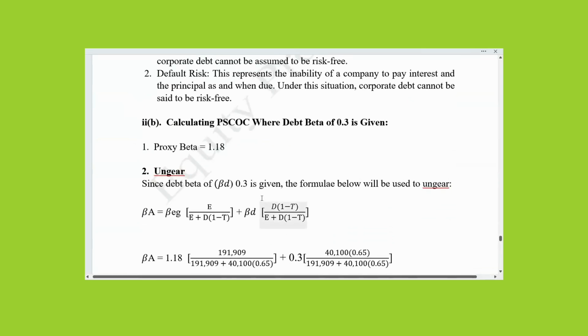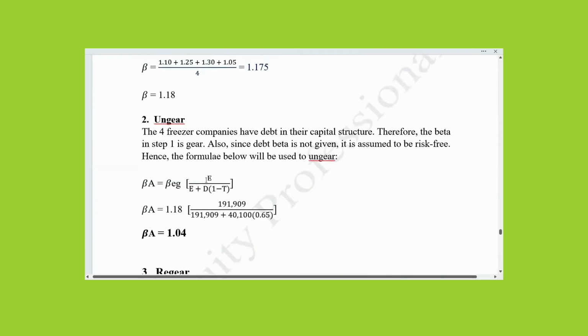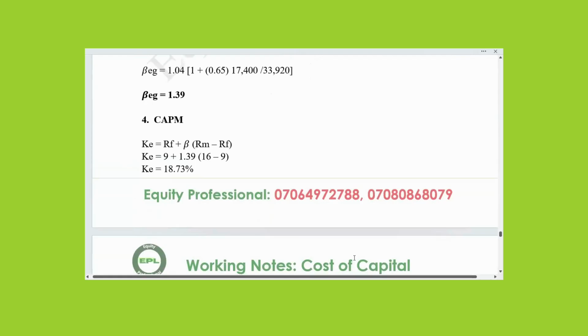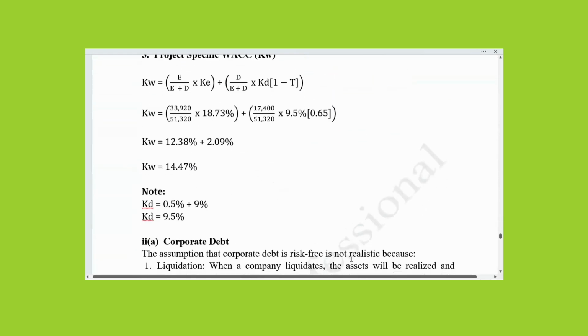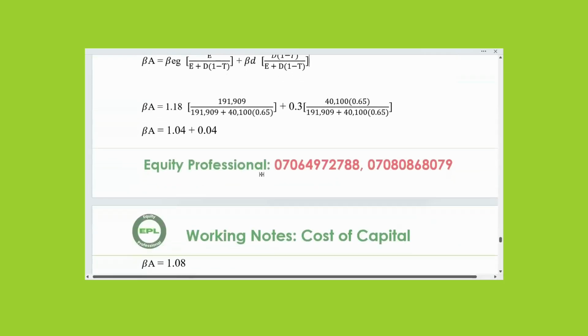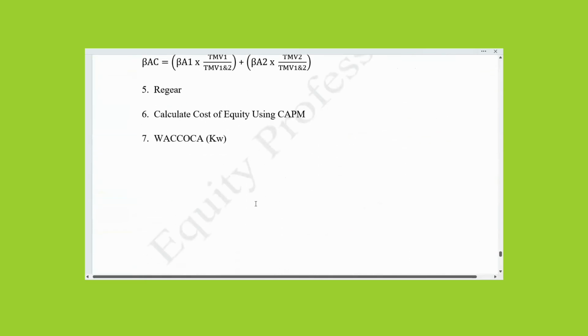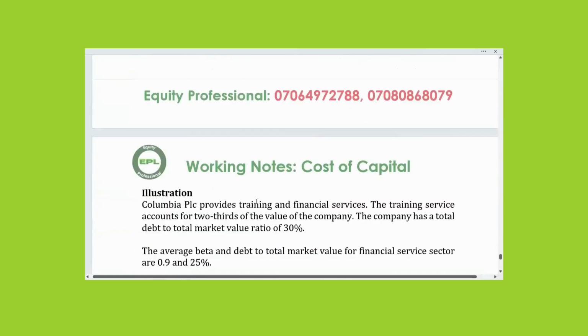You only use the other, bigger formula if you are given debt beta, that is when you use this double formula. So is it clear, Felicia? Yes, sir, it's clear. Thank you, sir. You're welcome.